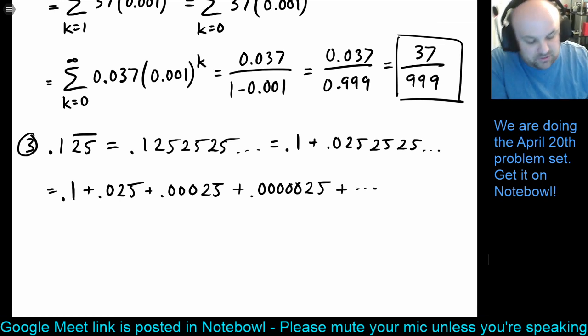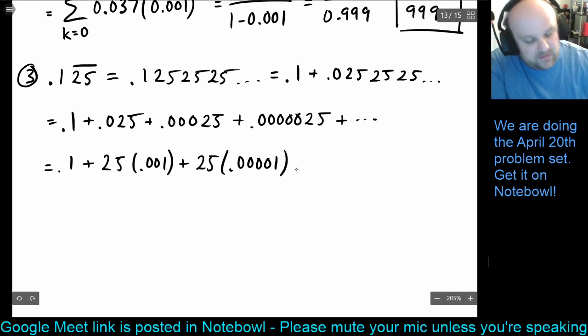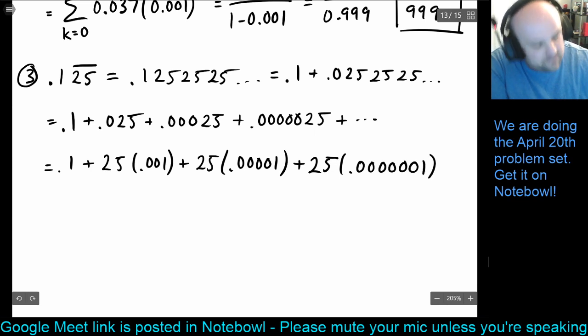Now we'll do our usual thing here. 0.1 plus 25 times 0.001 plus 25 times 0.00001. This one will be 1, 2, 3, 4, 5, 6, 7.